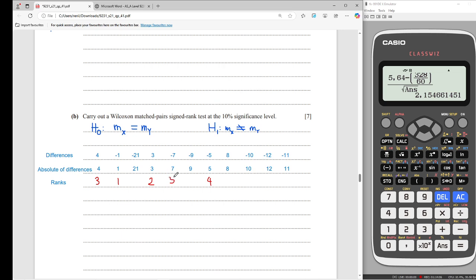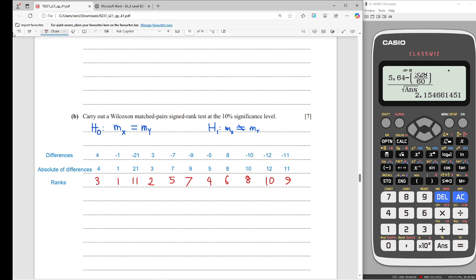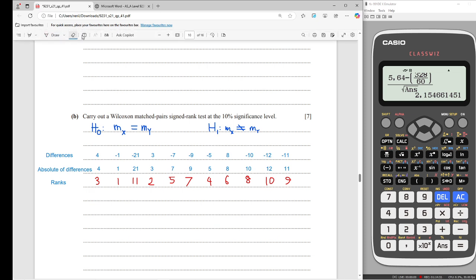We have 5, 6, 7, 8, 9, 10, 11. So now all you need to do is just check, have you ordered everything correctly? And in this case, I have. Okay, now we're going to do something called signed ranks. So what does it mean to do a signed rank?